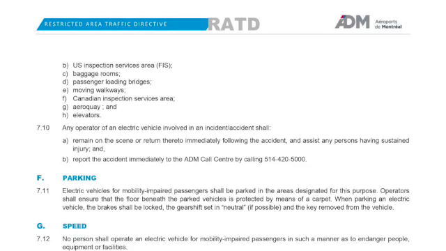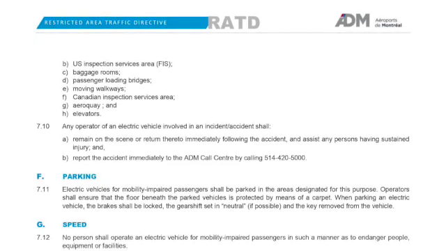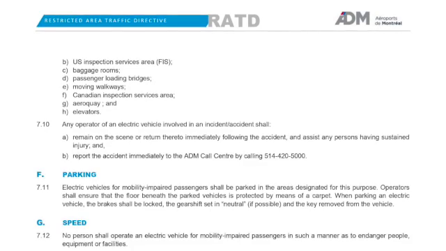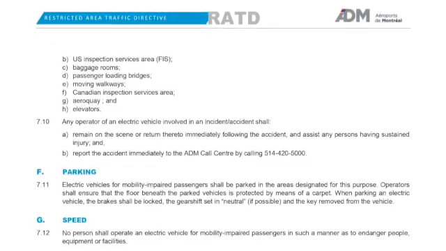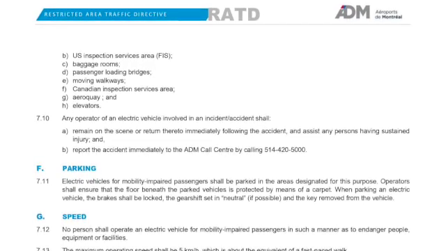B. U.S. Inspection Services Area, FIS. C. Baggage rooms. D. Passenger loading bridges. E. Moving walkways. F. Canadian Inspection Services Area. G. Aero key. and H. Elevators.